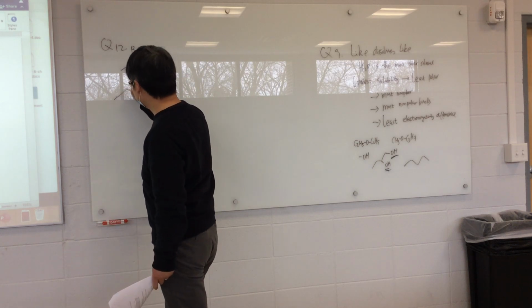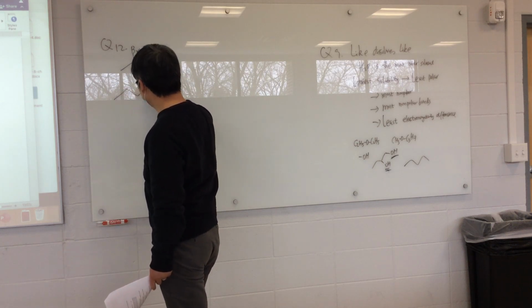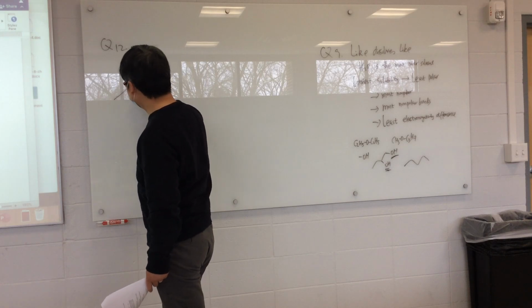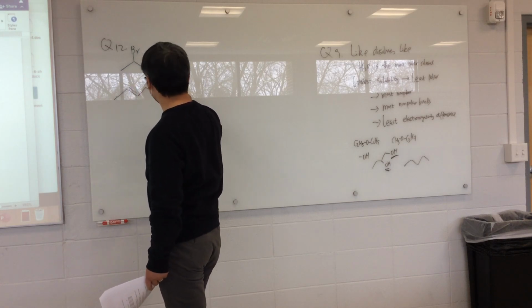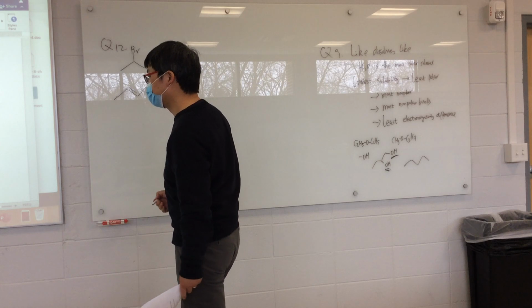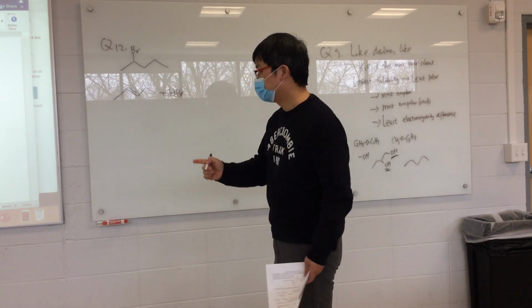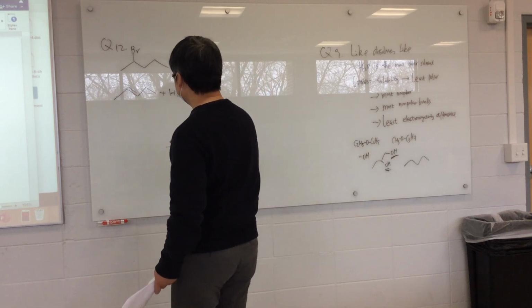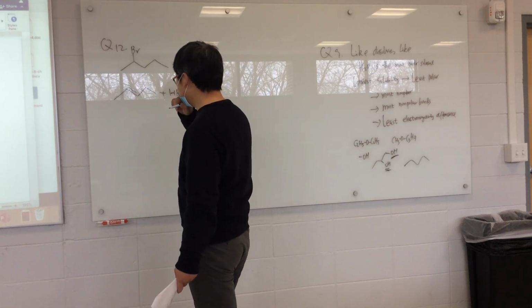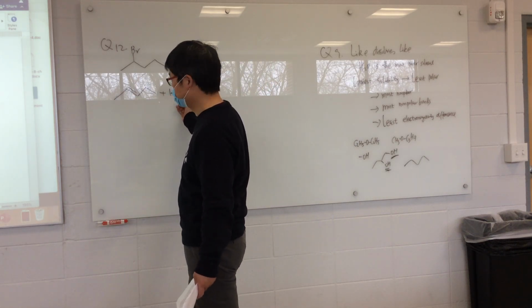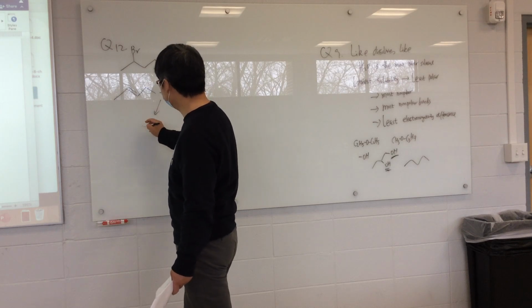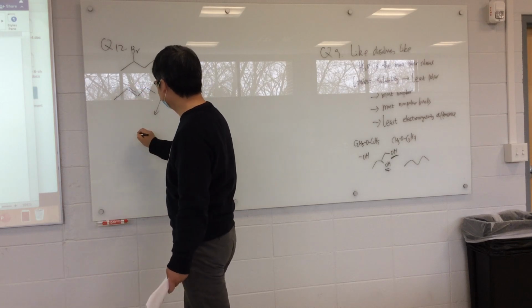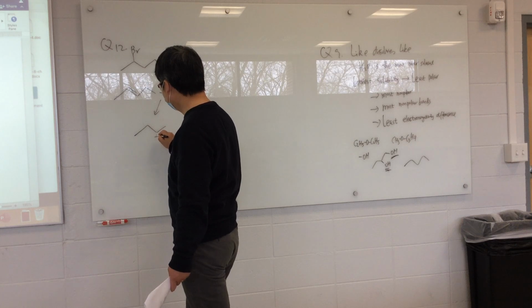B is 2-pentene. You see, it cannot be used to synthesize efficiently. There are two possibilities, right? Hydrogen attacks here, and we get a positive charge here.